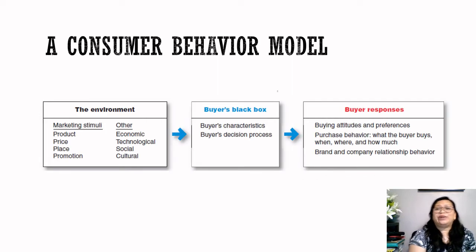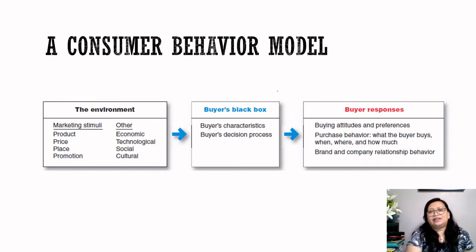The starting point is the stimulus response model of buyer behavior shown in this diagram. As you can see, the figure shows that marketing and other stimuli enter the consumer's black box and produce certain responses. Businesses must figure out what is in the buyer's black box. Now, when we say marketing stimuli, these consist of the 4 P's: the product, the price, the place, and promotion.